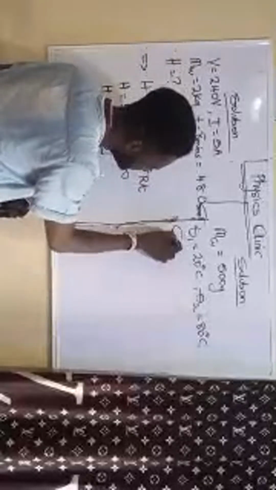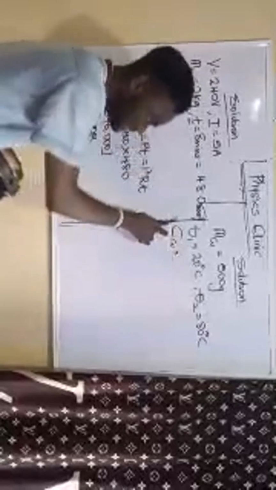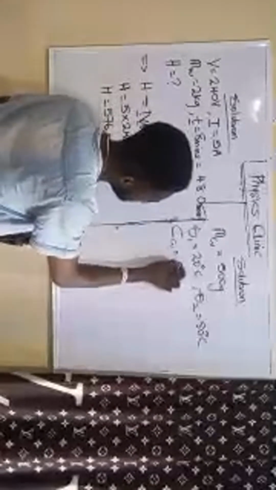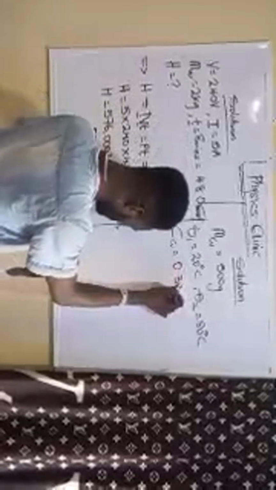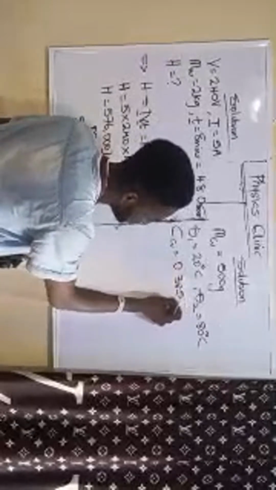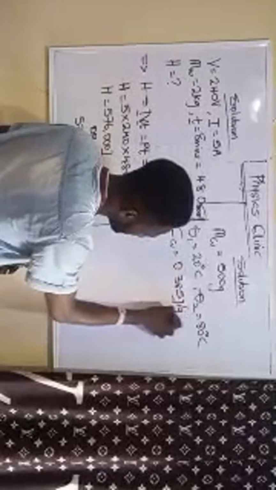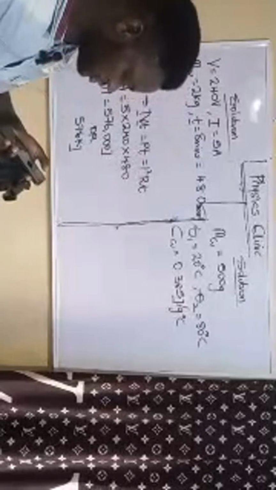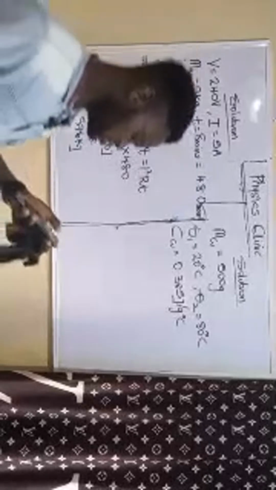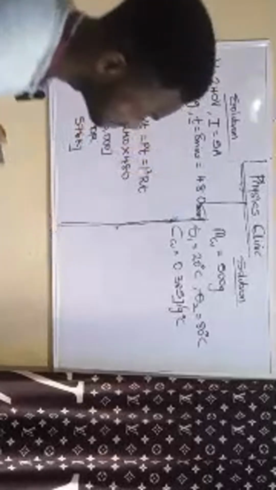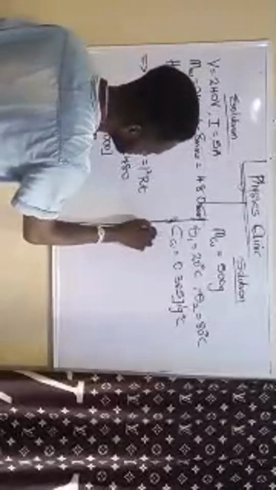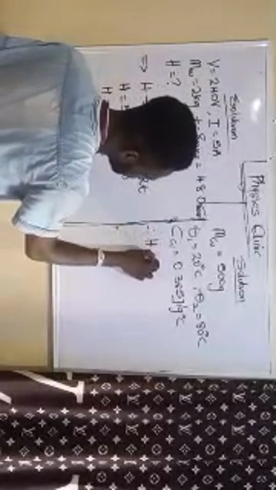The specific heat capacity of copper, that is my CCU now, is given to me in this question as 0.385 joules per gram per degree Celsius. And we are told to calculate the amount of heat energy transferred to the copper block. That is simply the heat quantity of the copper block.